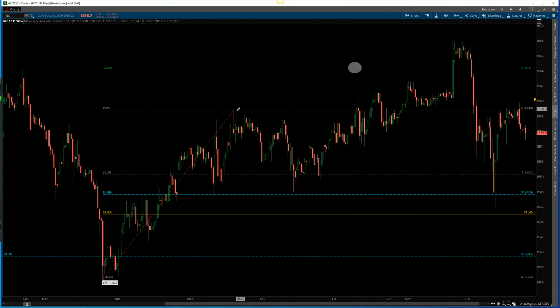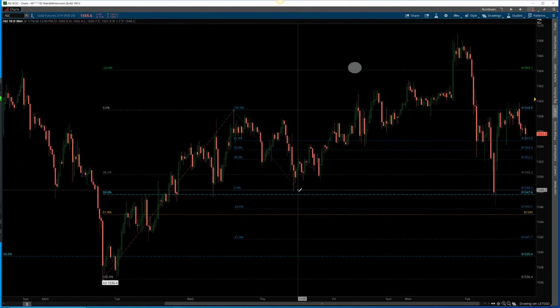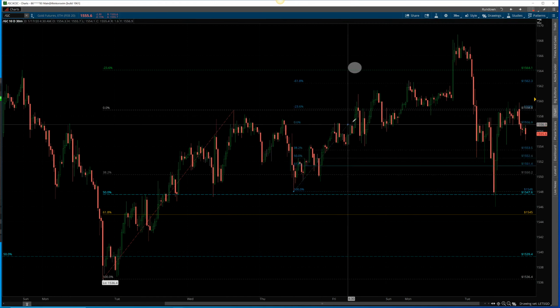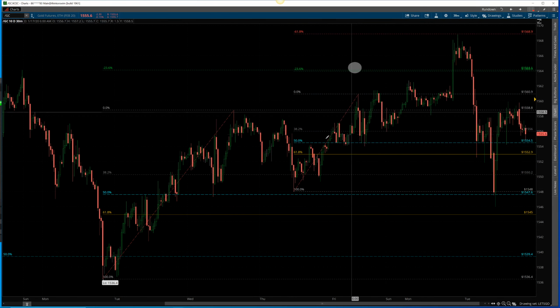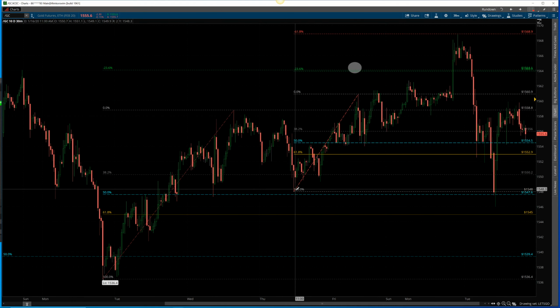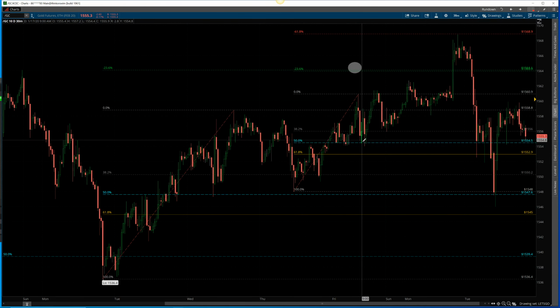You do that after we break out of the opposing short, looking for the next halfway back from that low. We traded the halfway back of the full move on Thursday. We broke the 61.8 on Friday and then traded the halfway back long on Friday shortly after the open.